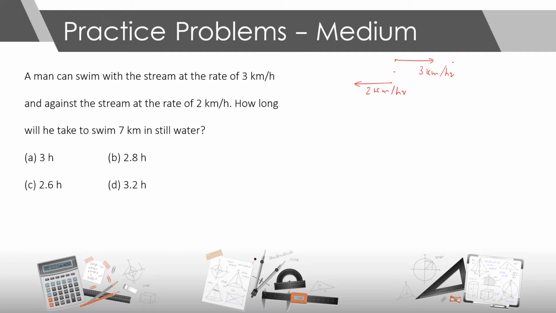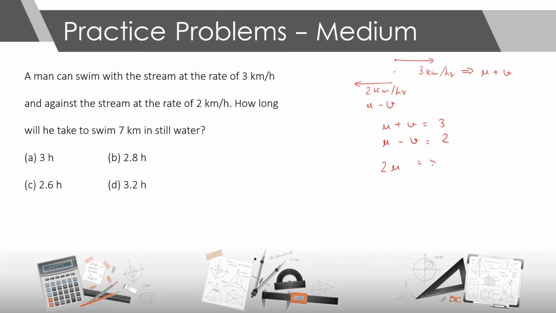So 3 kilometers per hour, which is the downstream speed, is basically u plus v, speed in still water plus speed of the stream. Then this 2 kilometers per hour is u minus v, that is the upstream speed. We can solve this equation to find out u and v. We just need u here, so we will add these two equations up.